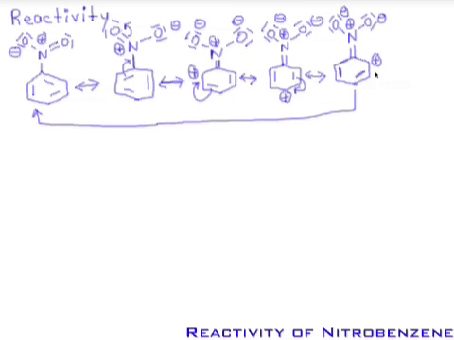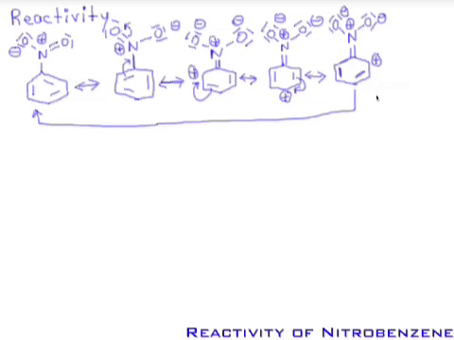And look what's happening to the ring. First off, the ring is deactivated because we're moving electrons out of the ring. The ring moves positive charges around the ring. Electrophiles come in less quickly because the ring bears an increased positive charge. Less negative charge attracts electrophiles more slowly.